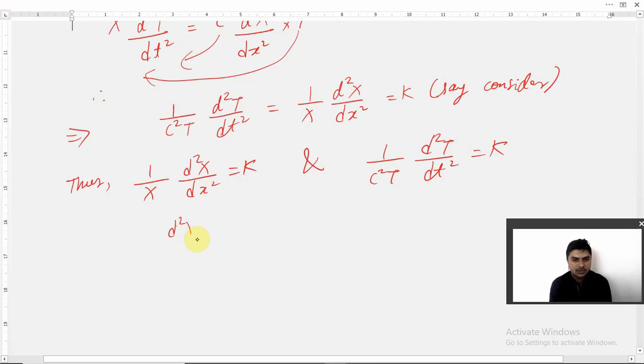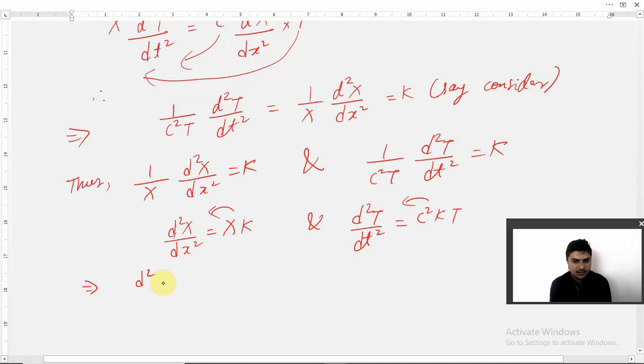So this is d²X/dx² is equal to kX, and d²T/dt² is equal to c²kT. I will take X on this side and c²kT on this side. So I will get the equation in this way, students.